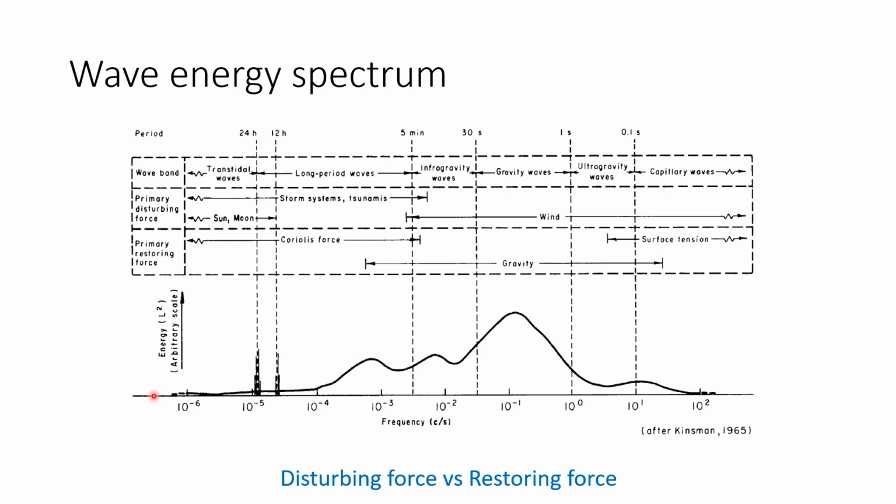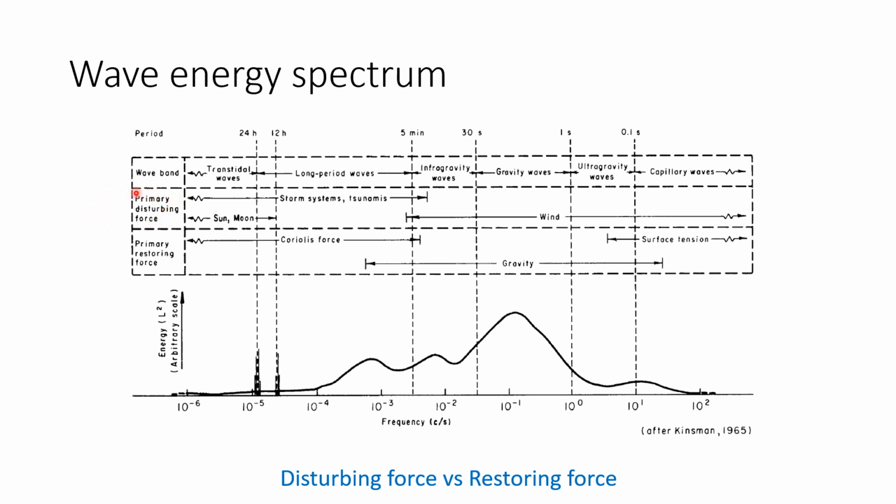Now, each of these different spectrum of wave, they may be generated by different disturbing force. So here we see the primary disturbing force. So the tides are typically generated due to the celestial movement of the Earth, the Sun, and the Moon.